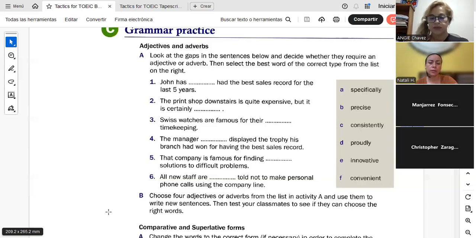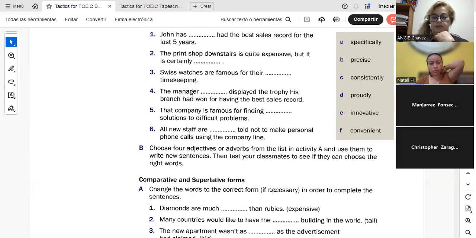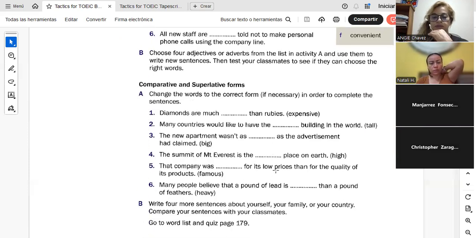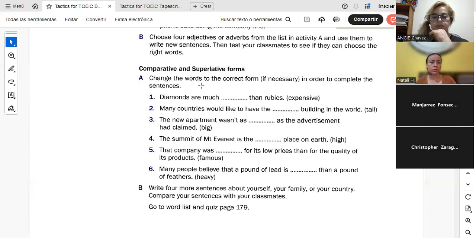So proudly displayed. Correct. 5, innovative solutions. Correct. And the last one, of course, specifically. Correct.